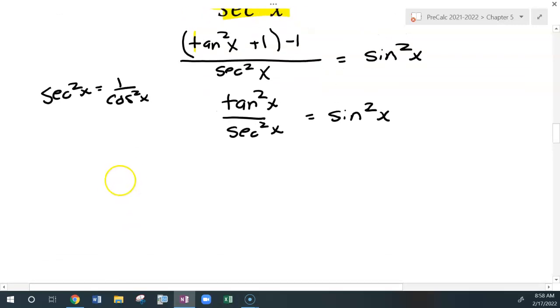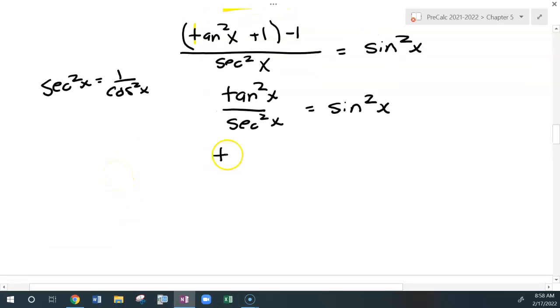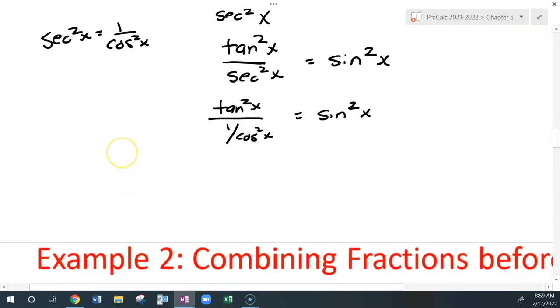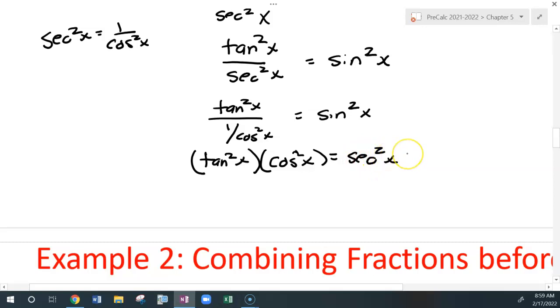So I'm going to plug that in, and I get tangent squared of x over 1 over cosine squared x equals sine squared x. Now when I'm dividing by a fraction, that's the same thing as flip it over and multiply. So I get tangent squared x times cosine squared x equals sine squared x.